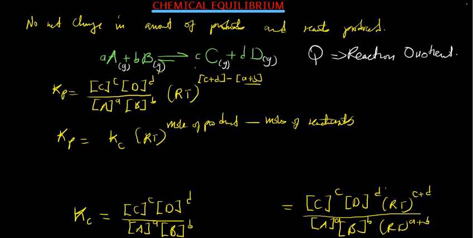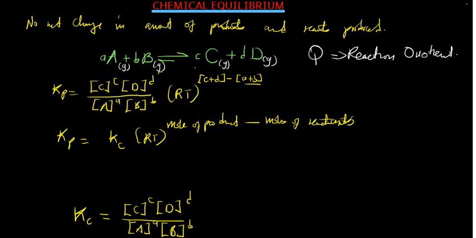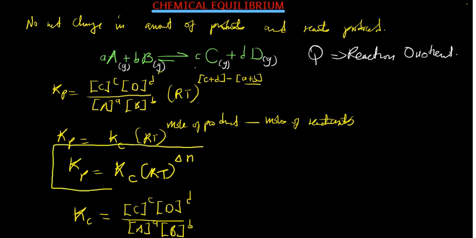Okay, so we can proceed and say, therefore, Kp is equal to Kc, and then RT to the power moles of product minus moles of reactants, which we can just abbreviate as delta N. So this gives us the relationship between Kp and Kc. The equilibrium constant using partial pressures and the equilibrium constant using concentrations are related by this equation.